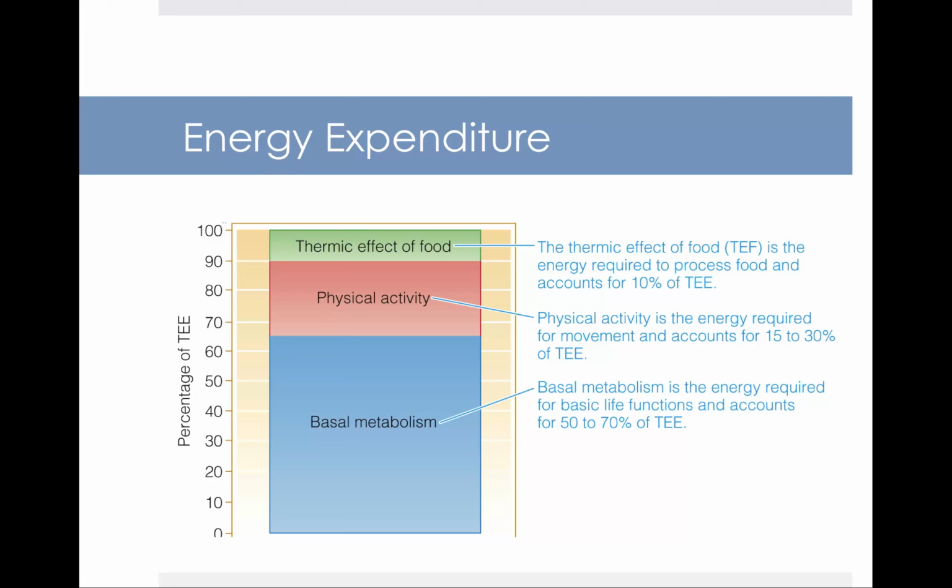Now, of course, your basal metabolism constitutes the greatest amount of energy expenditure, but the one over which you have the greatest control is physical activity. You can increase the amount of physical activity you do, thereby increasing the amount of calories you burn. And the cool thing about physical activity is not only do you burn more calories when you're actually exercising, but every day of physical activity increases your basal metabolism.